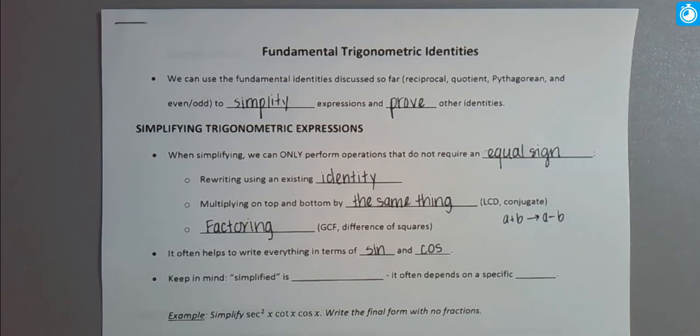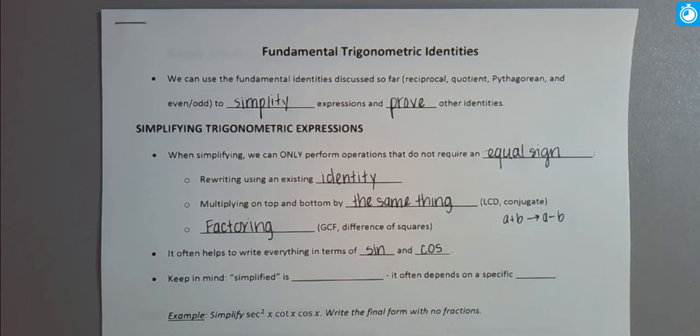Anywhere on the unit circle, at any particular radian measure, the y-coordinate represents your sine and the x-coordinate represents your cosine. So if everything can be defined in terms of x and y, that also means everything can be defined in terms of sine and cosine as far as our trigonometric functions are concerned.